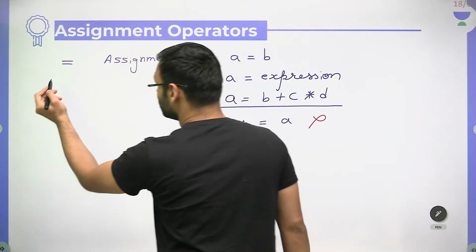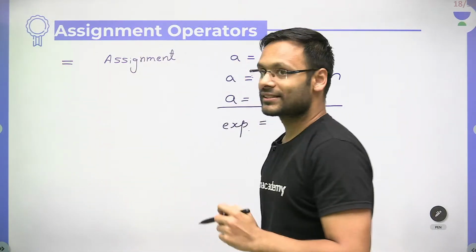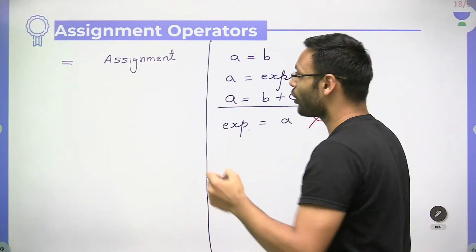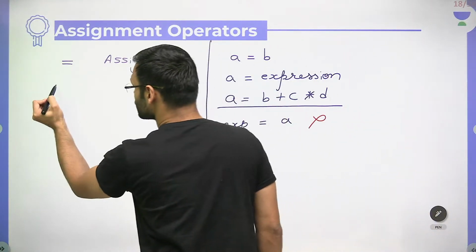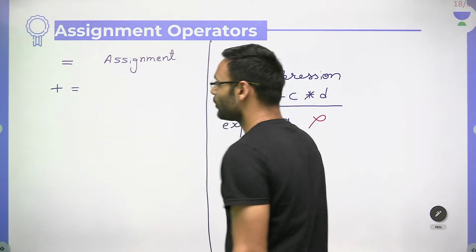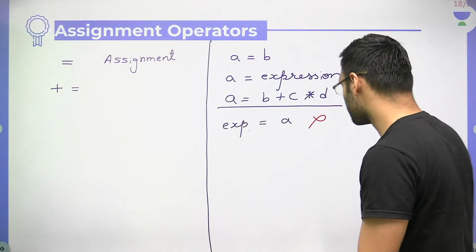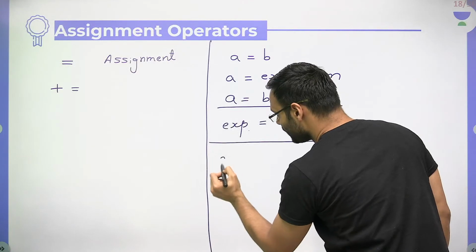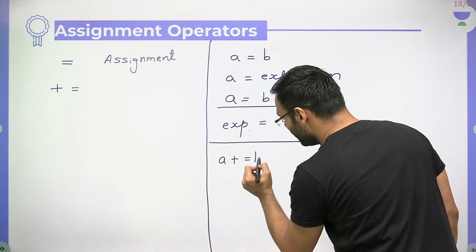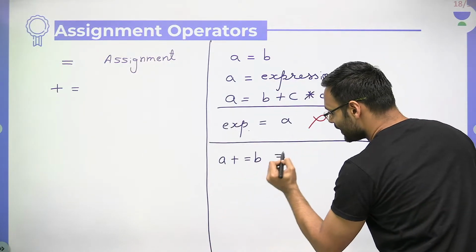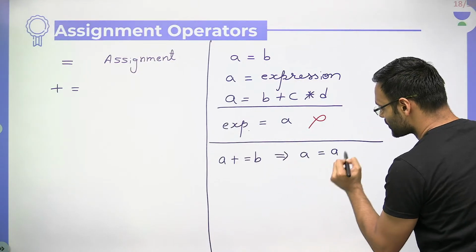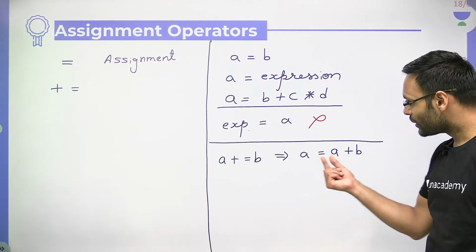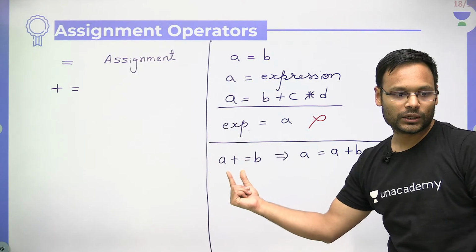Okay. Then we have complex assignment statements or complex assignment operators. What are those? Plus equal to. What is the meaning of plus equal to? I'll explain here. If you have written A plus equal to B, the meaning of this is A is equal to A plus B. Instead of writing A 2 times, we can just write plus equal to.